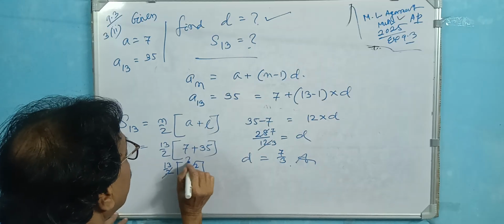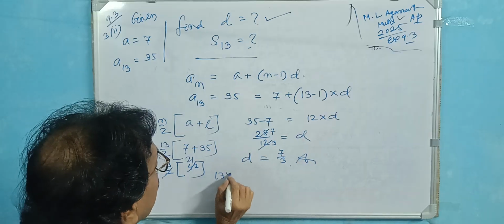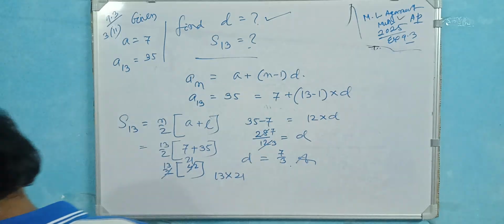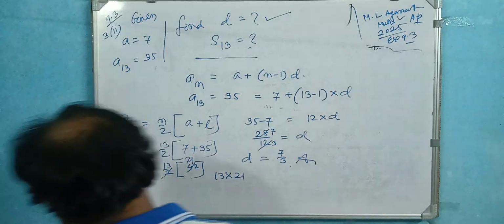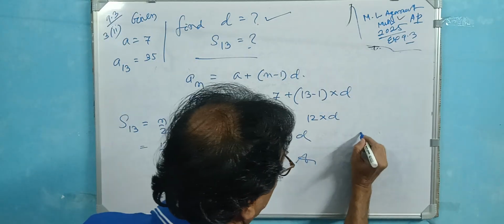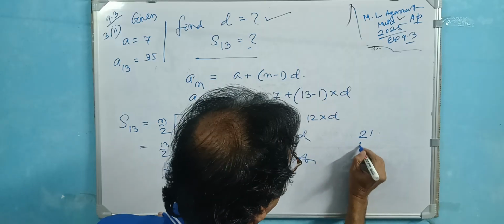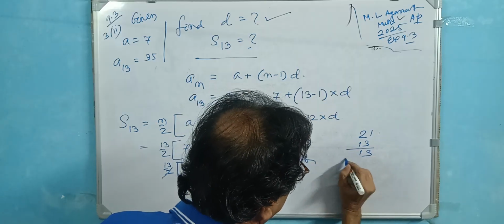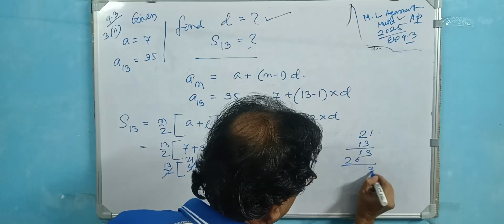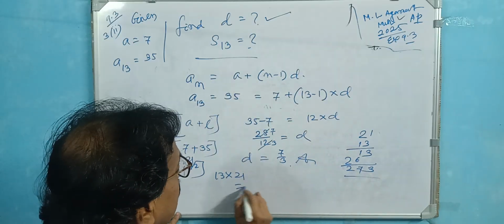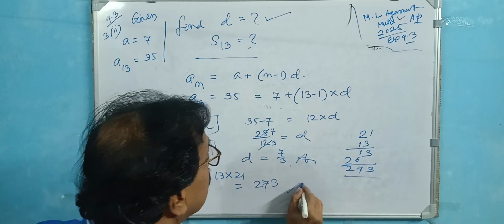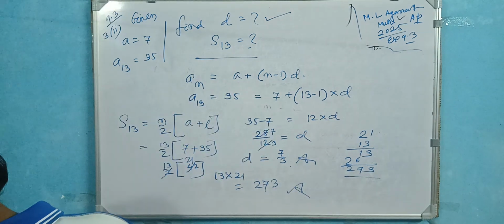You cut off, this is 21. So 13 into 21 is 273. This is the answer, 273.